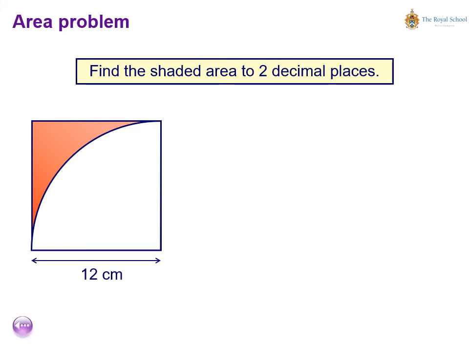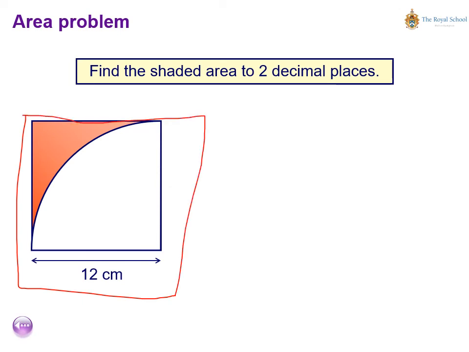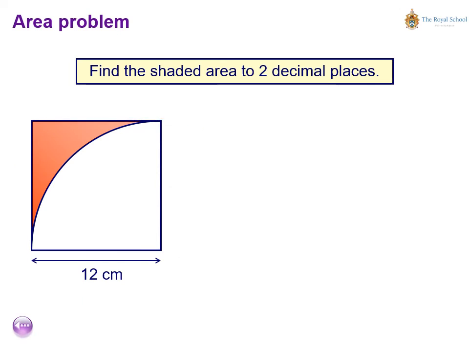Next one then, find the shaded area to 2 decimal places. So what area have we got? Well, what it looks like here is we've got a full square, but we've actually got a section of a circle removed from it. Now this would be called a sector of a circle if it's been removed from it.